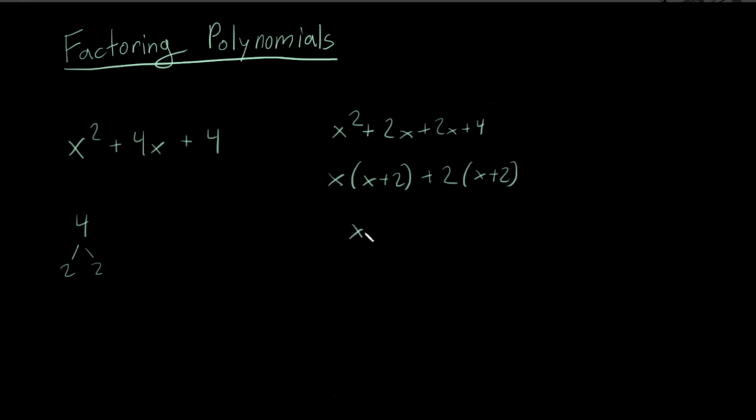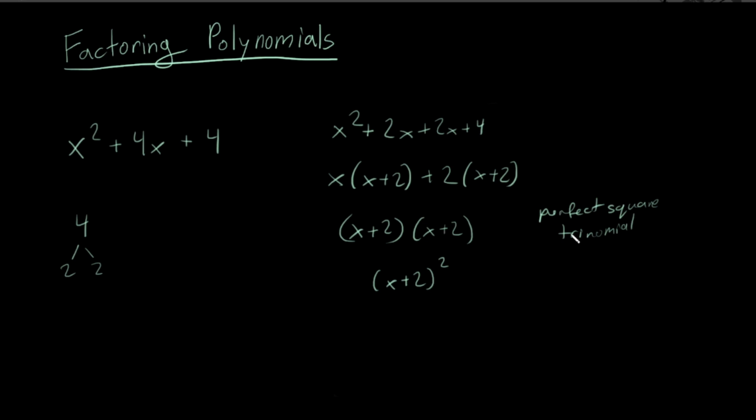And we'll be left with x plus 2 times x plus 2. Now, since these are both the same term, we can say this is just x plus 2 squared. Now, what we just did is known as a perfect square trinomial.